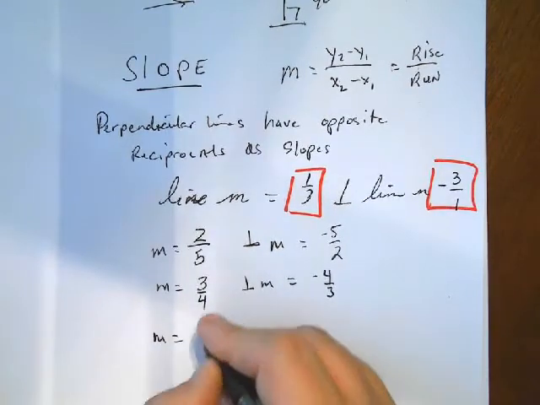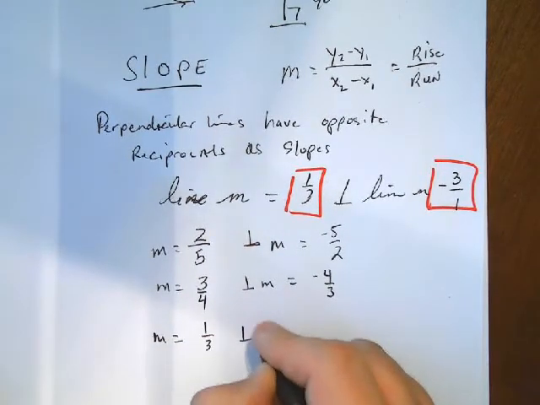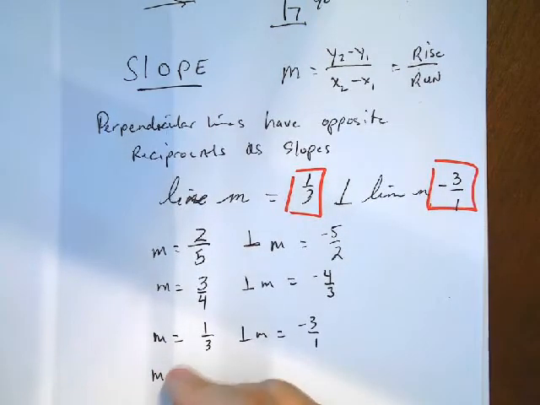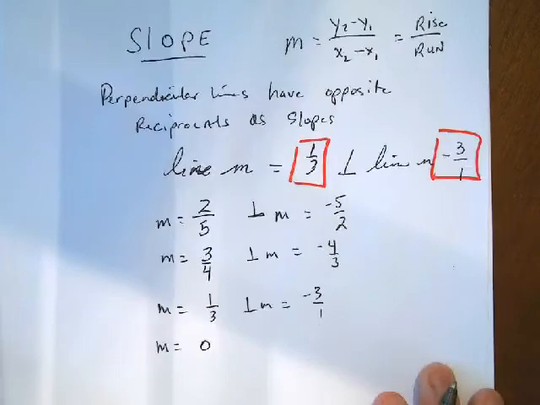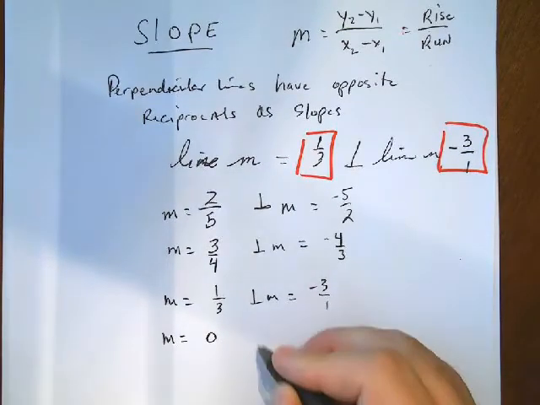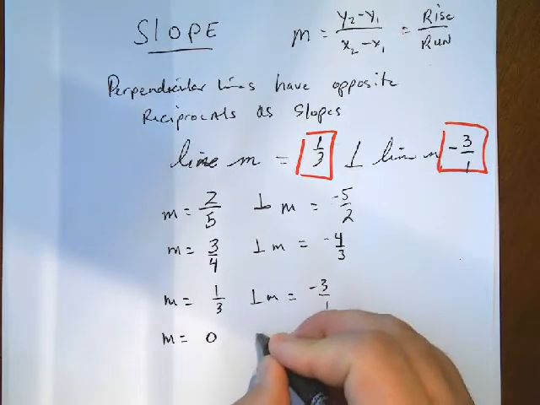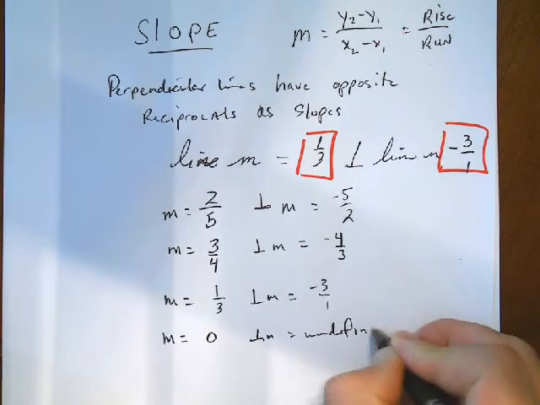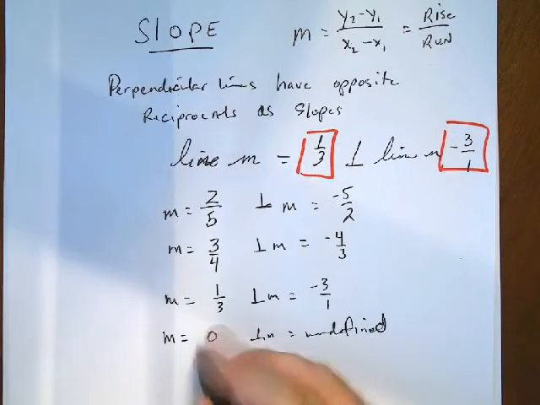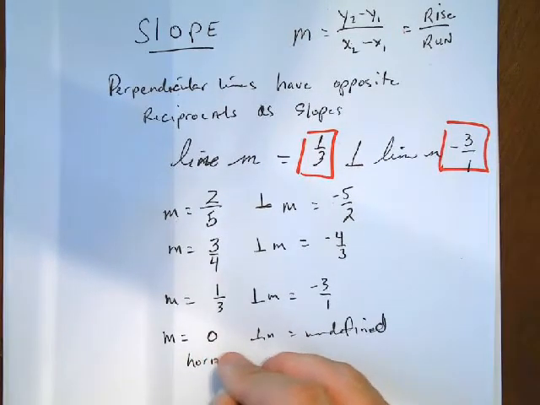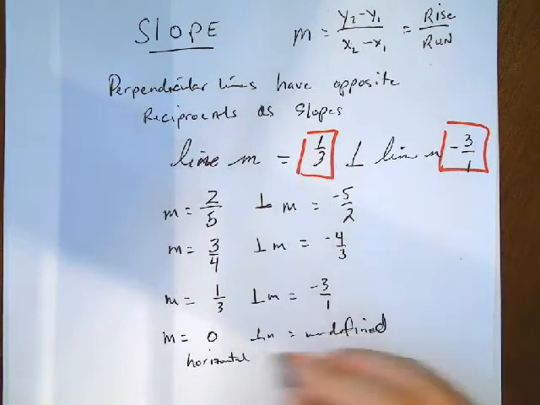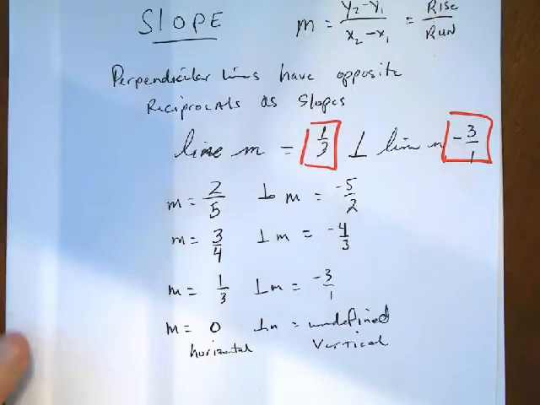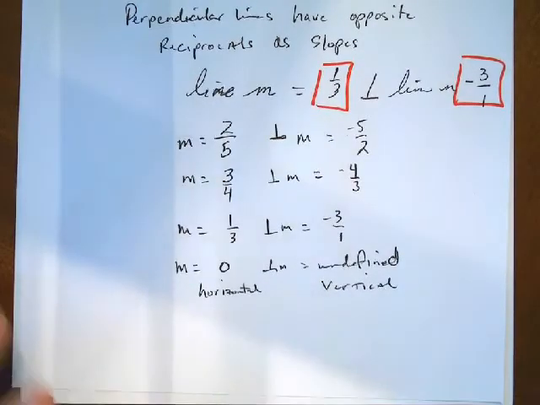If the slope is 1/3, then the perpendicular slope, we already did this one, is -3/1. If the slope is 0, what do we do there? We have to switch it, and we can't, so the perpendicular slope would be undefined. Because a 0 slope is horizontal, and perpendicular to horizontal would be a vertical. Those are kind of rare examples.